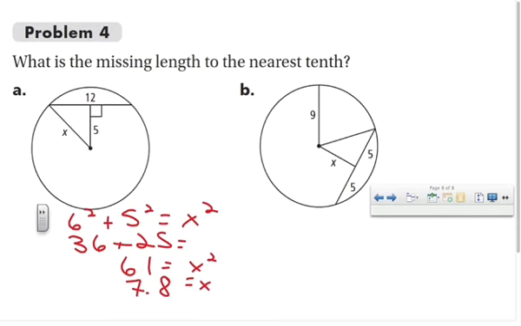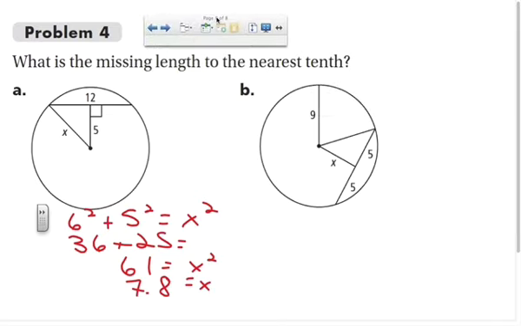How will Pythagorean's theorem get plugged in part B, Helena? Beautiful, yes. Even though that 9 isn't placed in the triangle, it's a radius, and you know that all of the radii will be congruent in a circle.